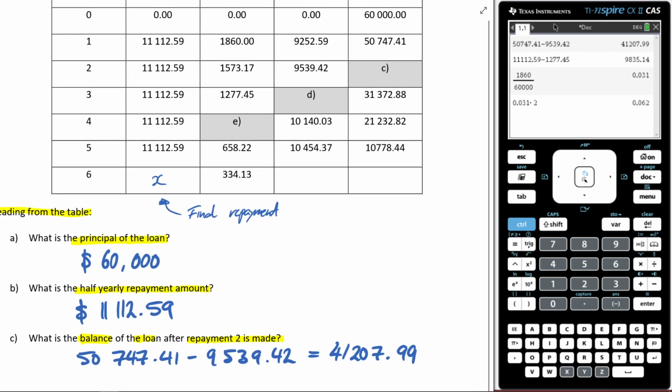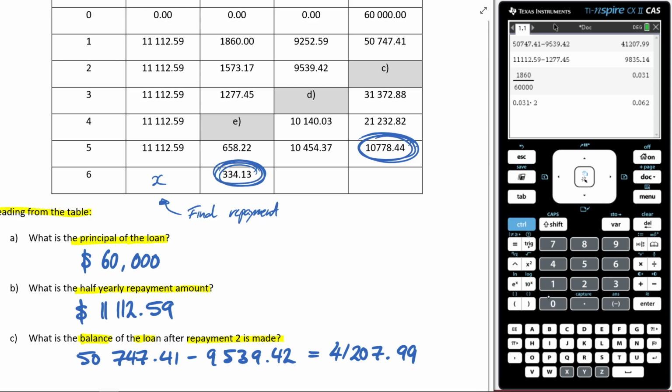Remember, the way you should think about your final repayment is you have to pay off the balance of the loan, and you also have to pay off the interest as well. If you simply add those two things together, you'll get your answer.